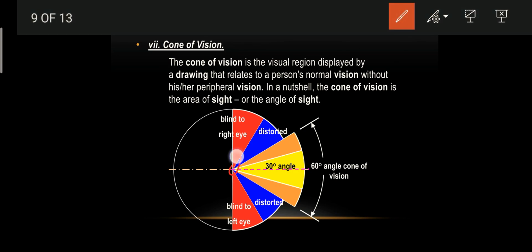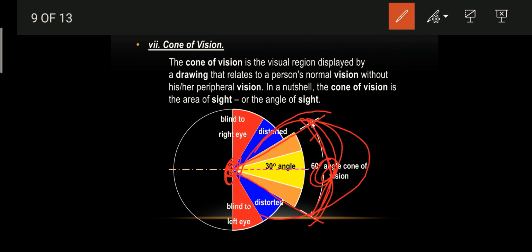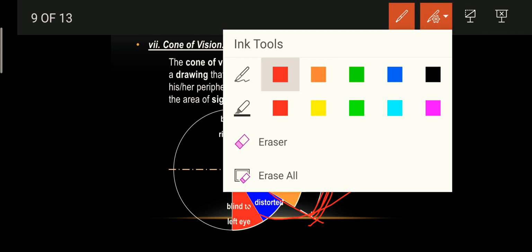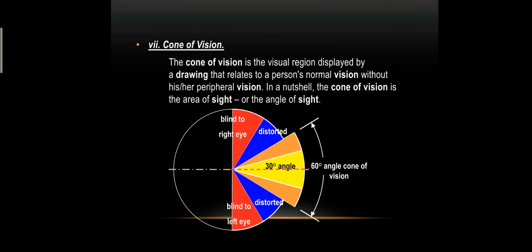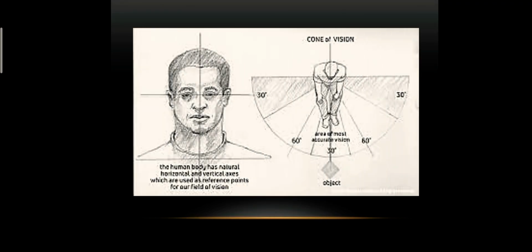If a person is sitting here and the object is here, the person can see only at this angle easily, and this angle is called the cone of vision. This is also the cone of vision.